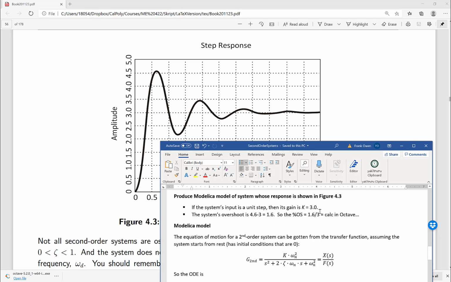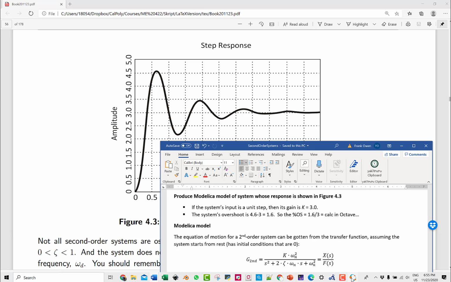So I started working this out, and then I thought, well, I want to use Octave to do this.